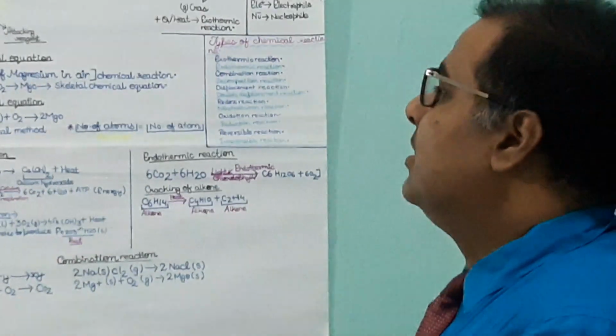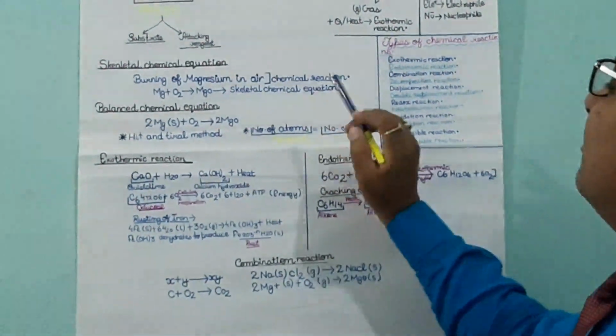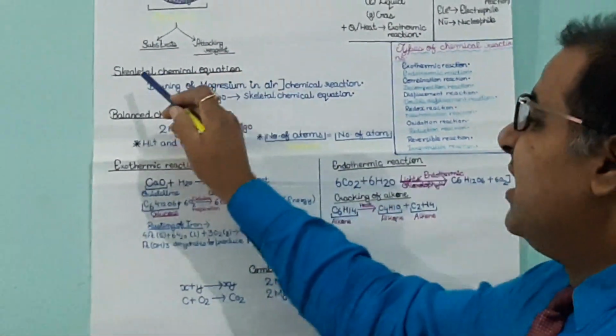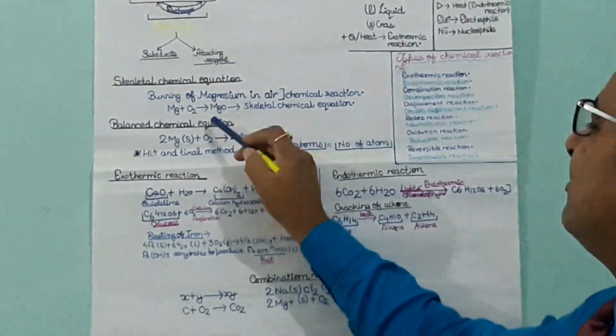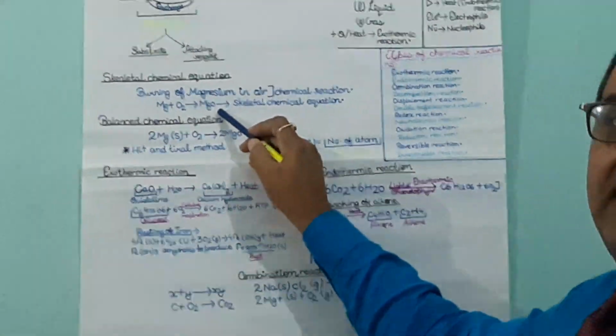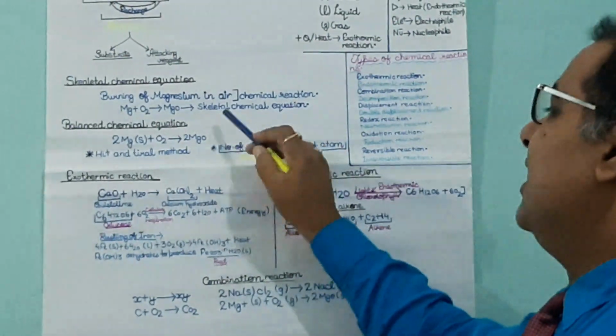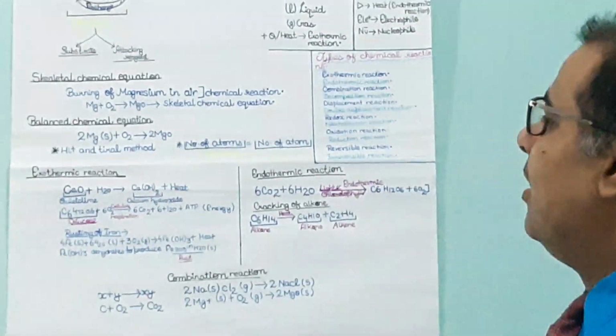Burning means oxidation of magnesium in air. That is a chemical reaction, and its skeletal chemical equation is Mg for magnesium, O2 for oxygen, and the product is MgO. This is an unbalanced or skeletal chemical equation.